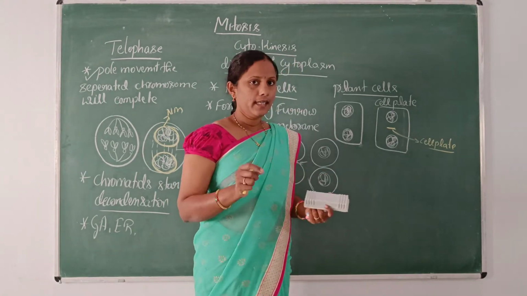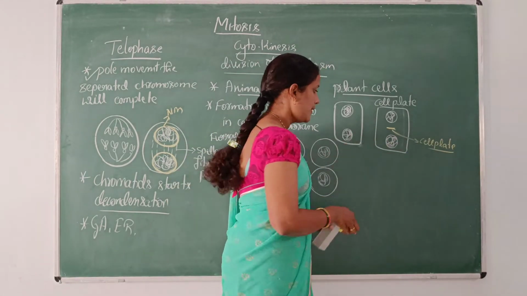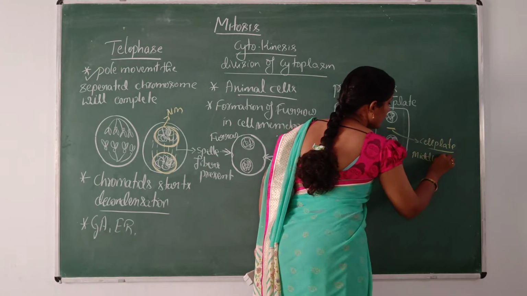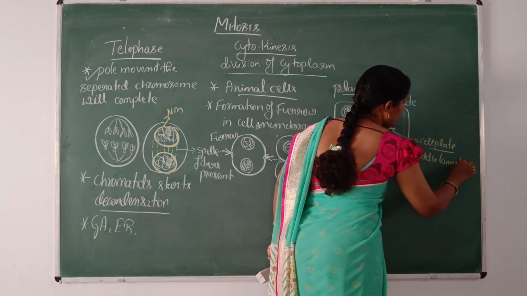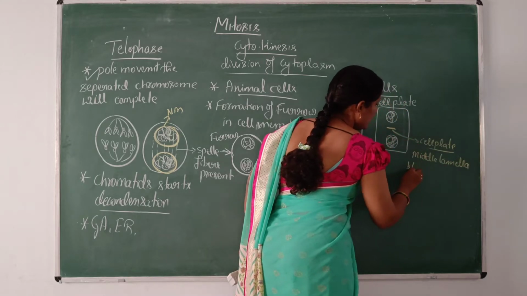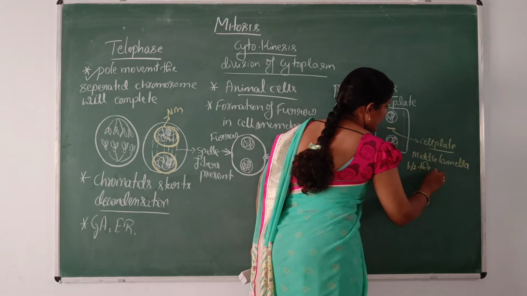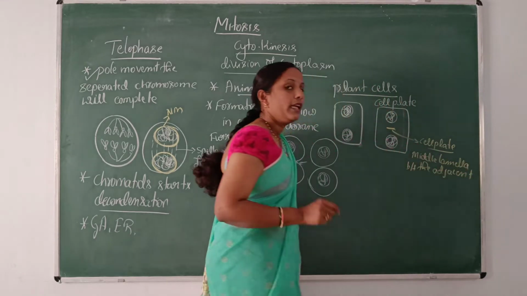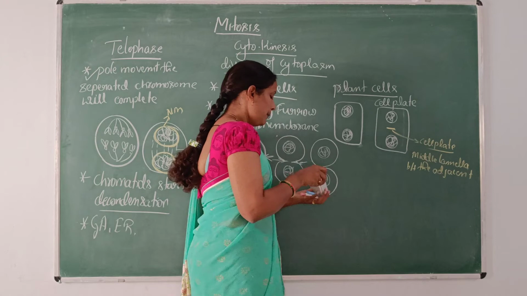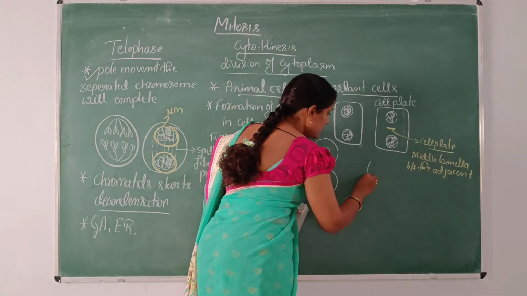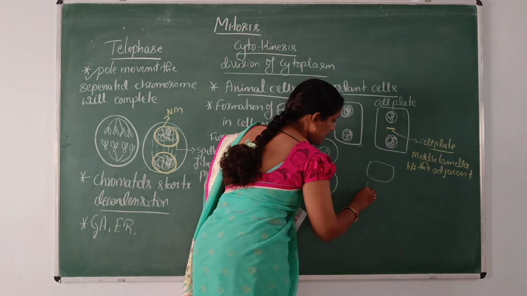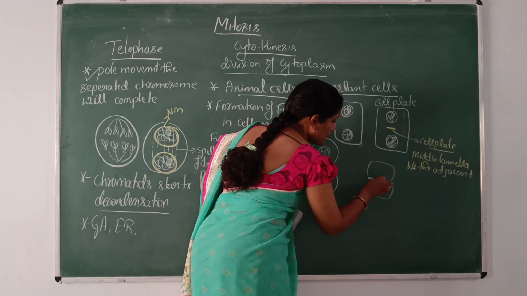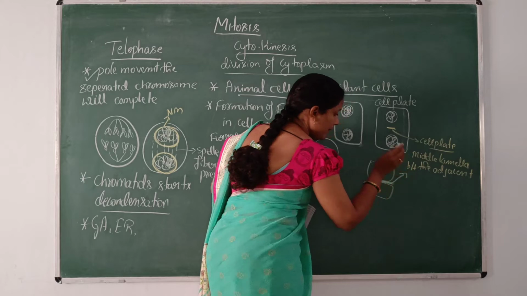To say technically, the cell plate represents the middle lamella between the adjacent cells. In plants, between two cells, here is one cell and here is another cell, there is a structure called the middle lamella.